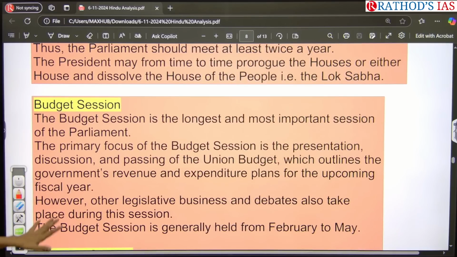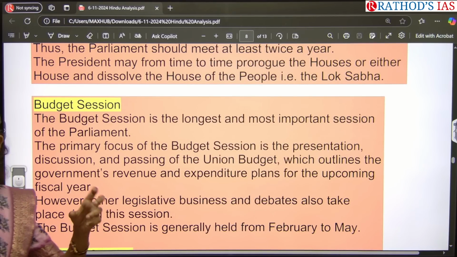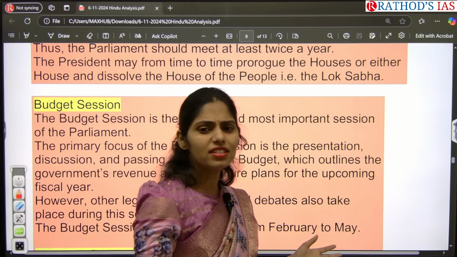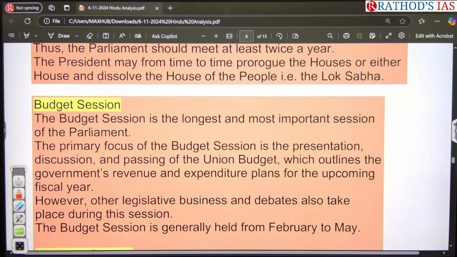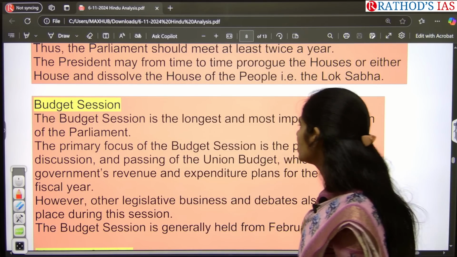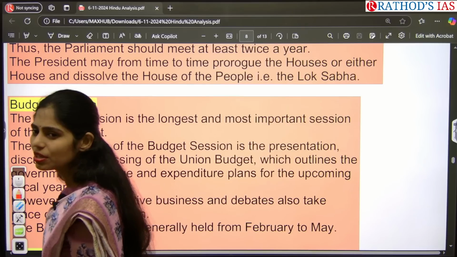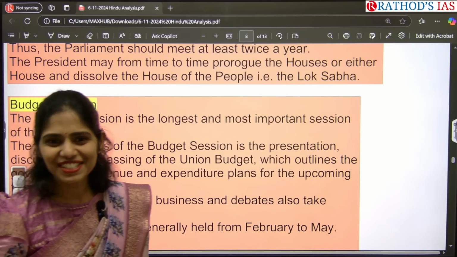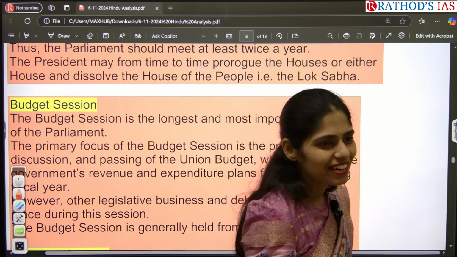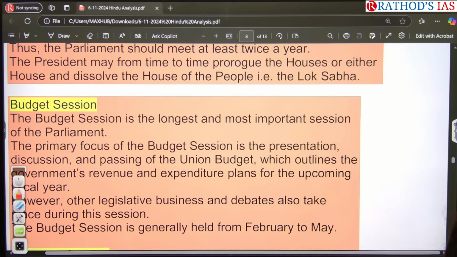Okay, so we have 3 sessions, as you all know. Budget session. What happens in this budget session? Which is the lengthiest of these three sessions? Yes, budget session is the longest and it is one of the most important sessions of parliament. They will be discussing the budget. So what is this budget about? Annual financial statement is one part of this.